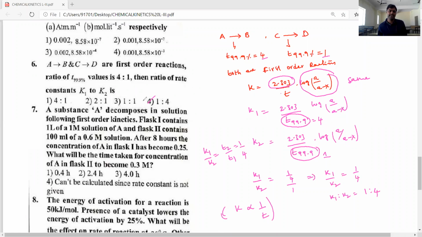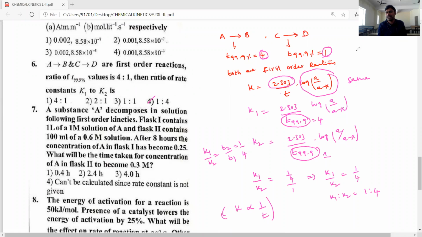See here, so the simple logic is A is converted into B and C is converted into D. Both reactions are first order, and the final concentrations of reactants A and C are the same. The initial concentration of A and C is 100%. We have to find the rate constant at T99.9%. For the first reaction T99.9% is equal to 4, for the second reaction T99.9% is equal to 1.